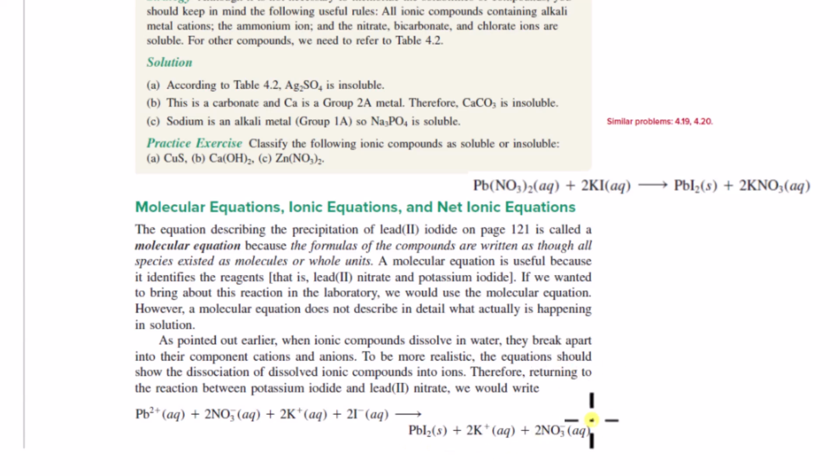Now, something to note, though, that we're going to see in upcoming sections is that there is a little bit of a caveat. So you might be wondering, well, okay, we have the criteria of, are we dealing with a weak or a strong electrolyte, right? In terms of breaking up into ions.